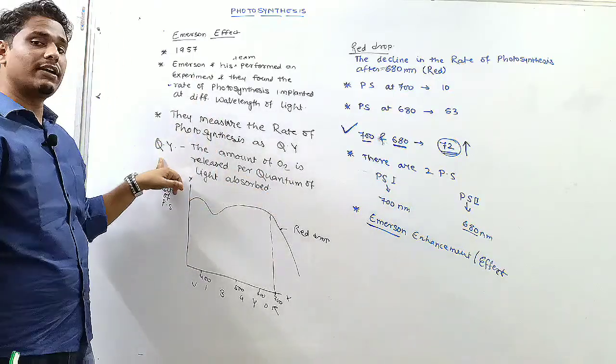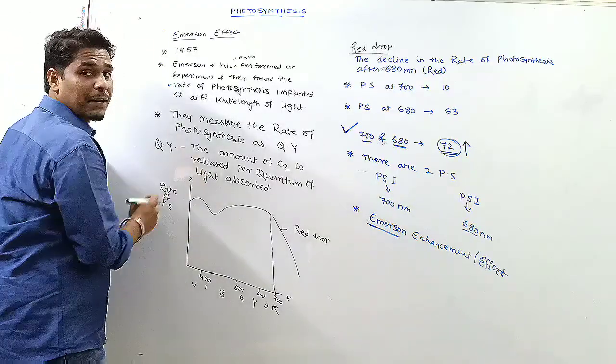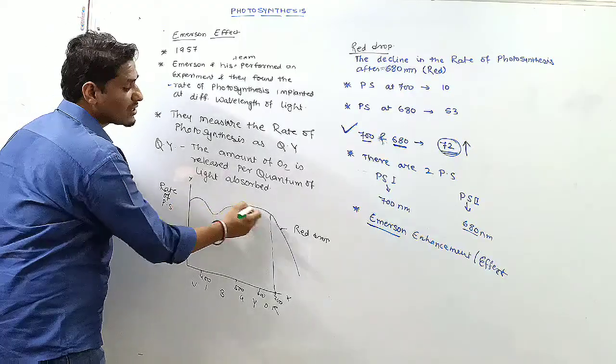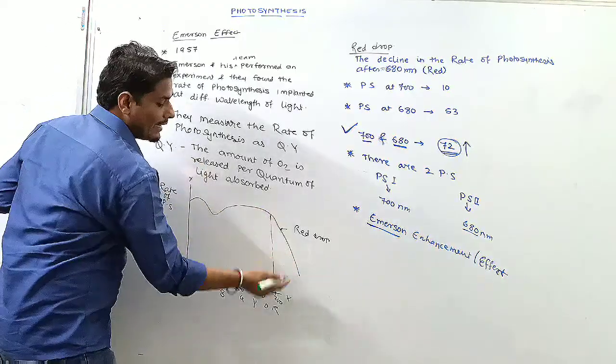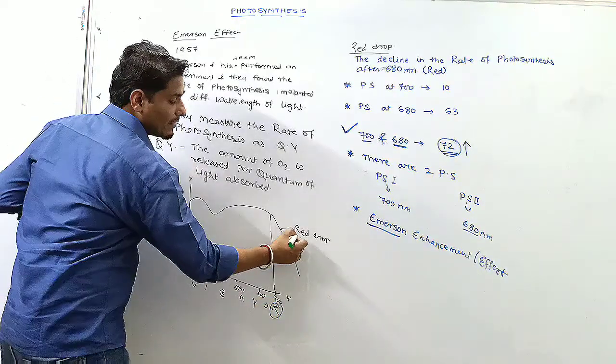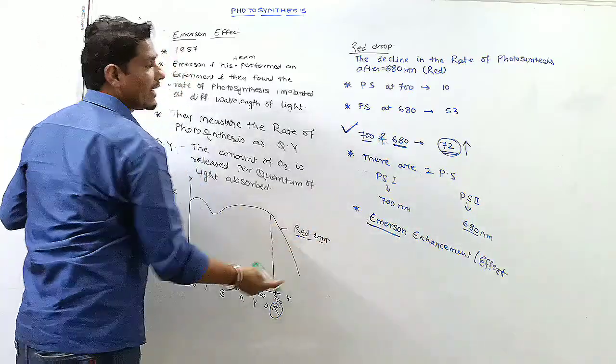He expressed his result in the form of a graph. The rate of photosynthesis declined after the red region, and this decline is called red drop.